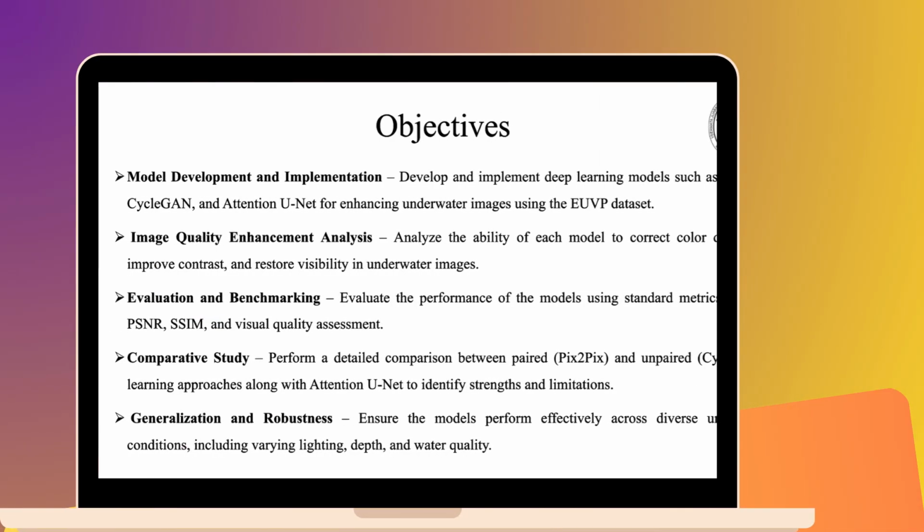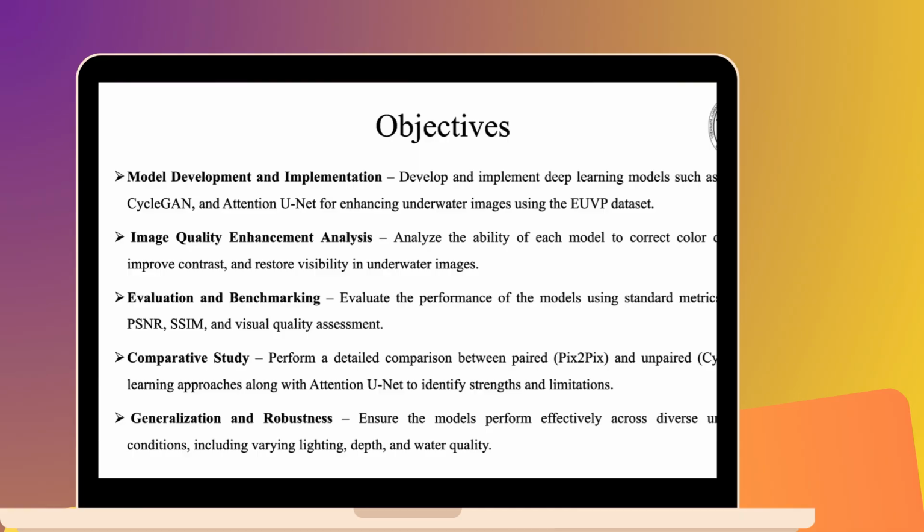The objectives of our project are: first, to implement Pix2Pix, CycleGAN and Attention U-Net models using the EUVP dataset. Second, to analyze their ability to improve color correction, contrast, and visibility. Third, to evaluate the models using standard metrics such as PSNR, SSIM, UIQM, and UCIQE.